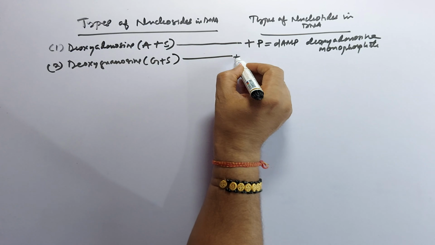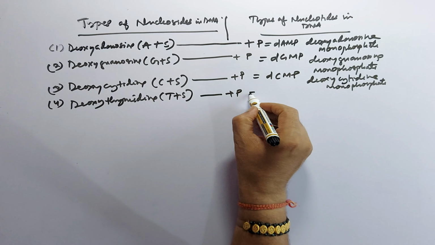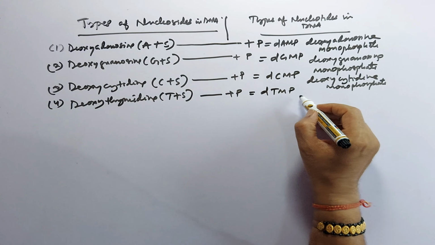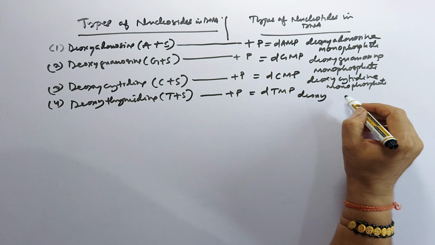And you know that thymine is a component of DNA, not RNA. So then deoxythymidine, that is T plus S, added with phosphate, dTMP, that is deoxythymidine monophosphate.